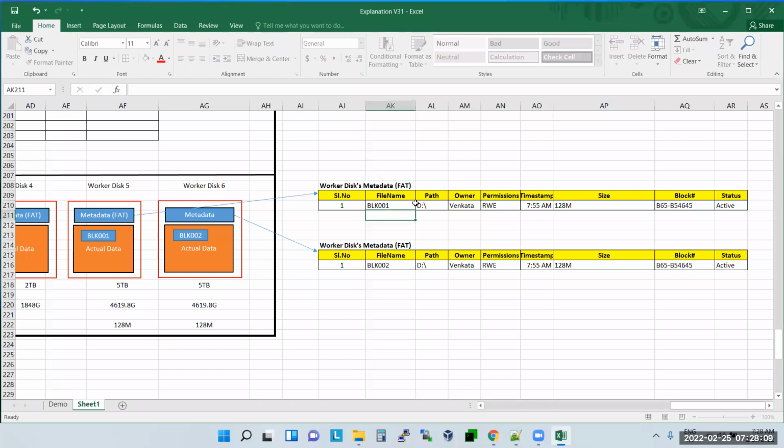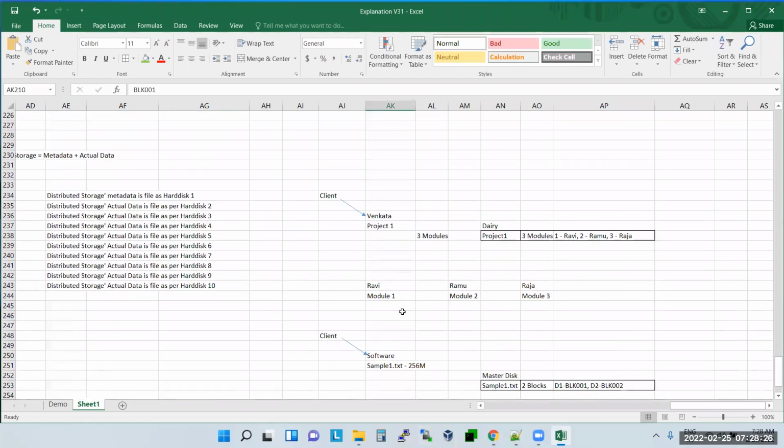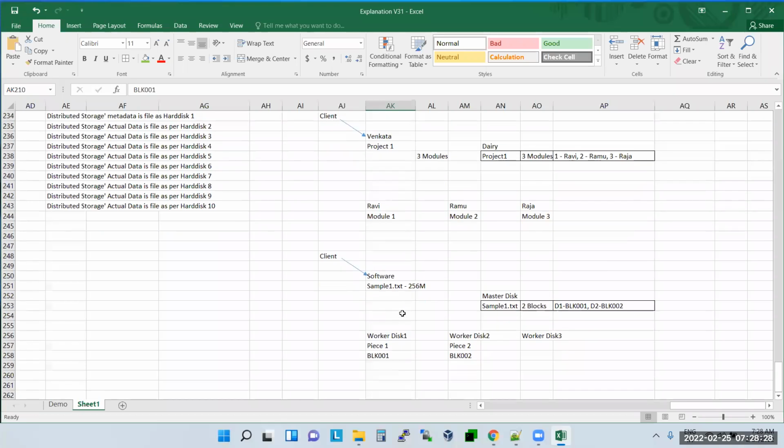That is one. Fine. So as per this worker disk, whatever BLK001 you have given, it is a file. Correct or not? Yes, sir. True. Are you clear now? Yes, sir, I'm clear.